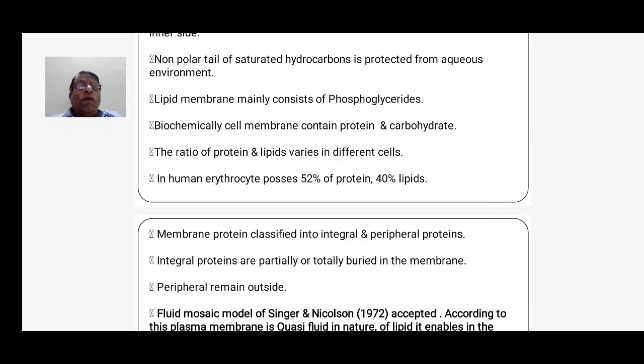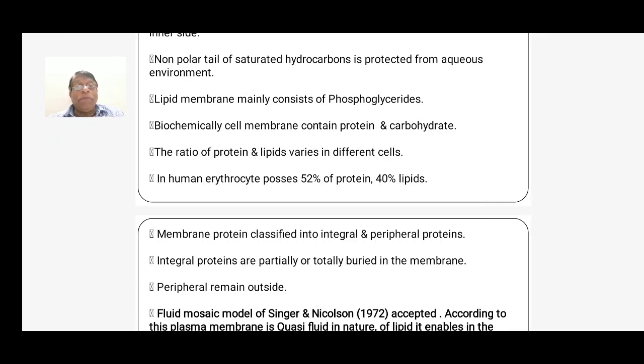The ratio of protein and lipids varies in different cells. In the human erythrocyte, the cell possesses 52% of protein and only 40% of lipids.